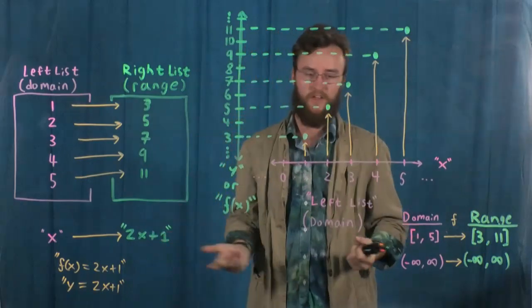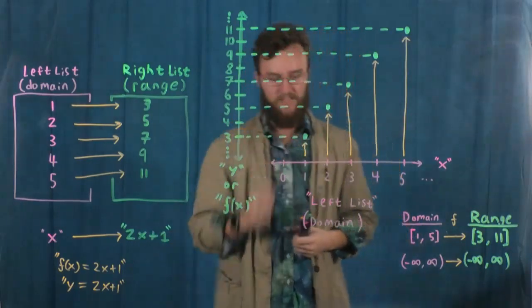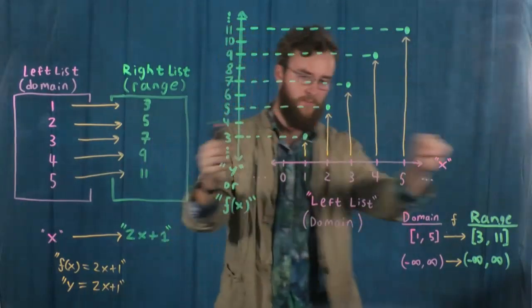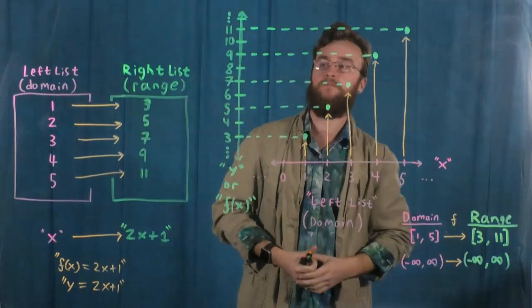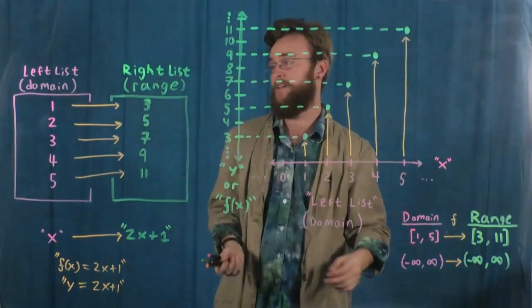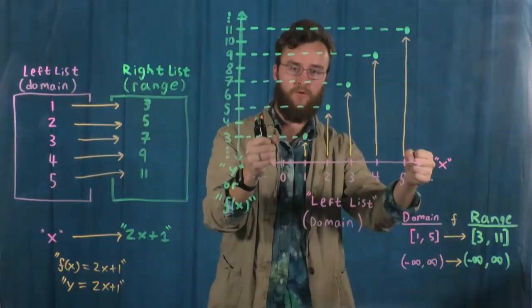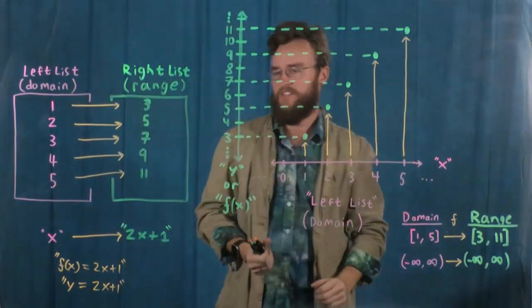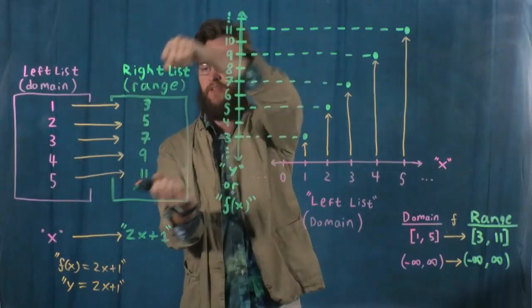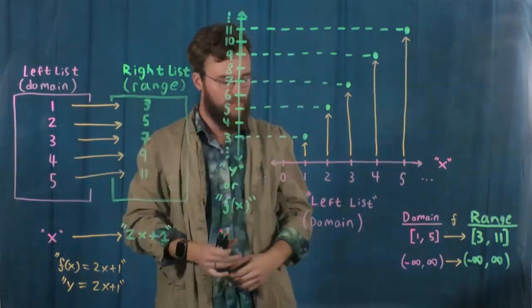You're familiar with the idea of a number line, the idea that you can visualize numbers by laying them out in a line one after the other. So you can take a number line for the left list and flip that down horizontal. And you can take a number line for the right list and that just stays vertical.